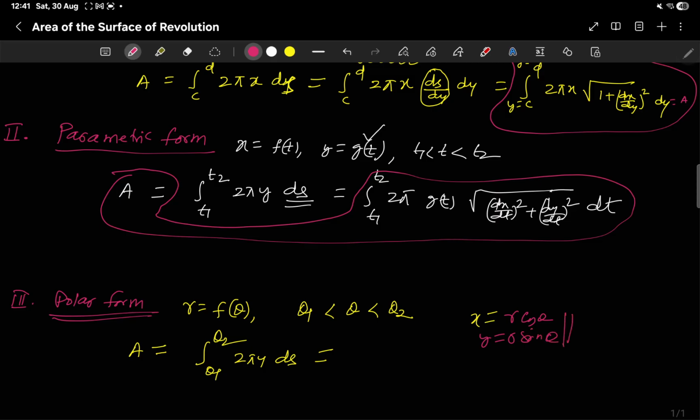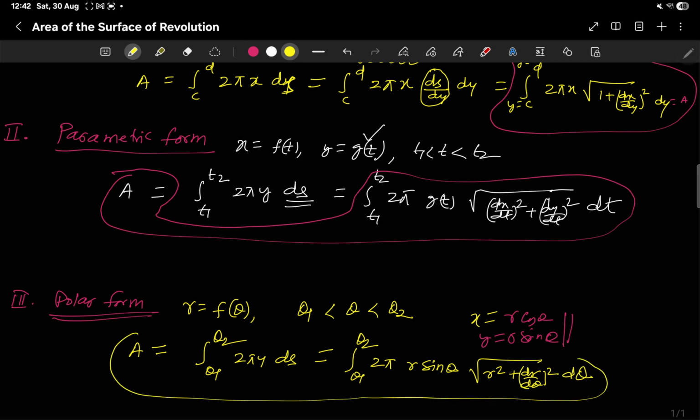So it will be the integral from theta 1 to theta 2 of 2 pi r sin theta, and ds will be square root of r square plus (dr by d theta) whole square, d theta. So this is the formula for the surface area under a polar curve.